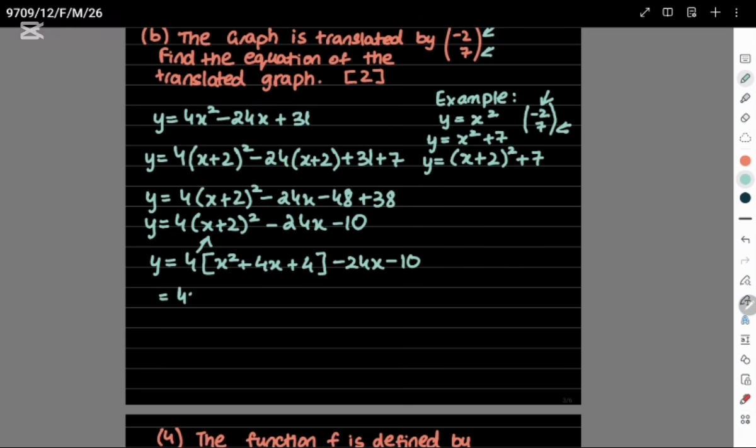Now this gives you 4x squared plus 16x plus 16 minus 24x minus 10. Now this would give you 4x squared, 16x minus 24x, which gives you minus 8x, and 16 minus 10 gives you plus 6. That's the final answer.